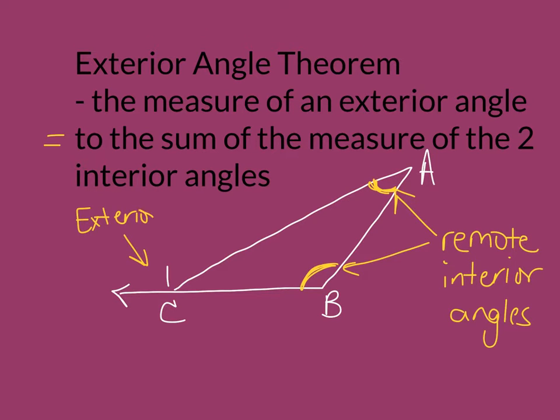Angle 1 is going to be equal to the measure of angle A plus the measure of angle B, because those are your two remote interior angles. So again, the exterior angle theorem tells us that the measure of an exterior angle is equal to the sum of the two remote interior angles.